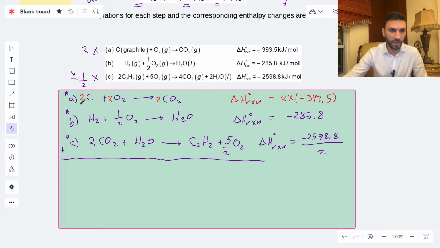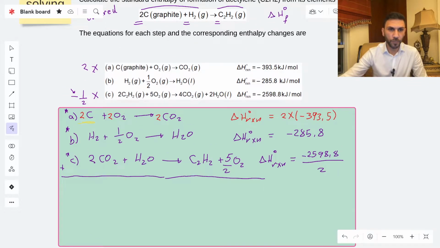So I have two carbons and I don't have any other carbon. I have two oxygens plus half oxygen, that is 5 over 2 oxygen. 5 over 2 oxygen here and 5 over 2 oxygen there, so these will cancel each other. So no more oxygens in this reaction.